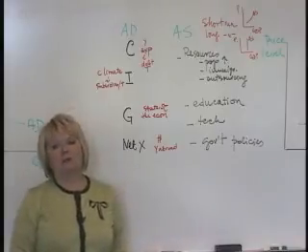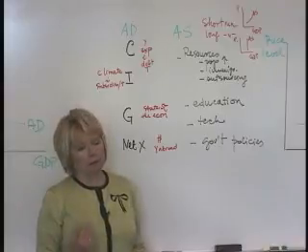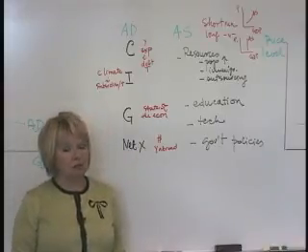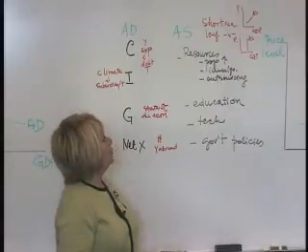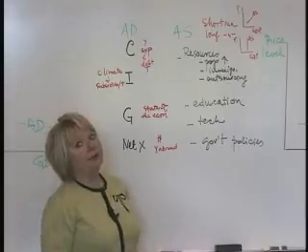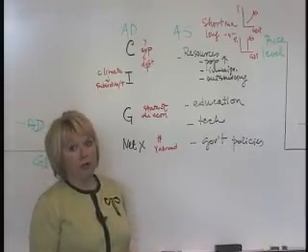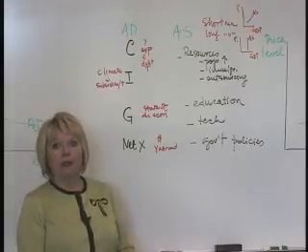And then government policies. If government is trying to encourage more businesses to start, that is another way that we're going to have a higher aggregate supply for the economy, more goods and services produced in the economy.